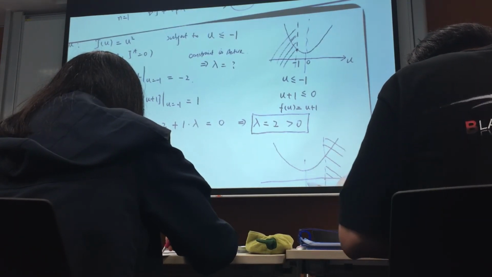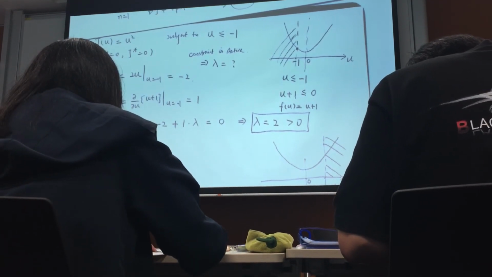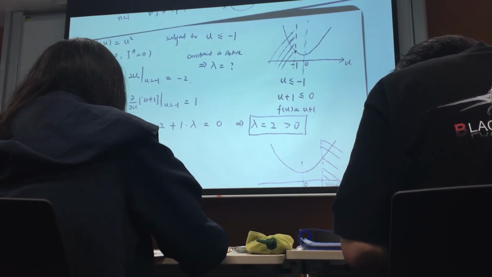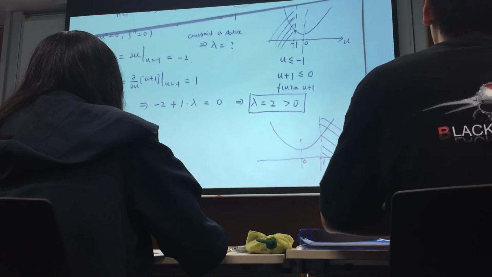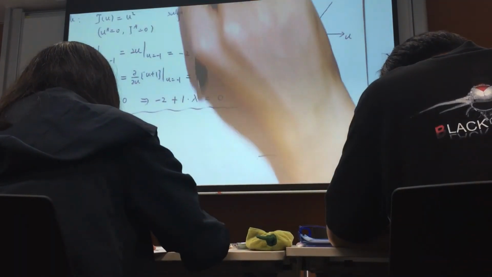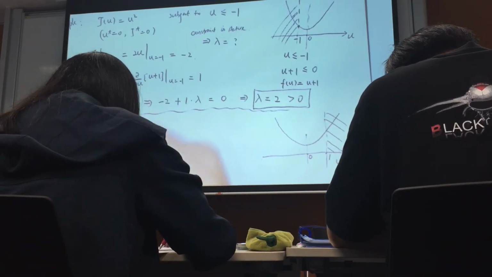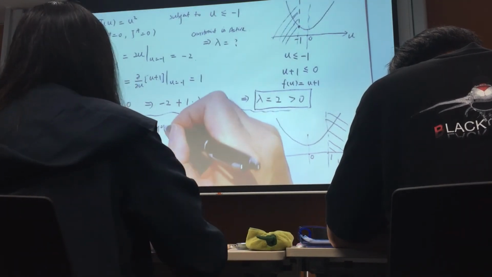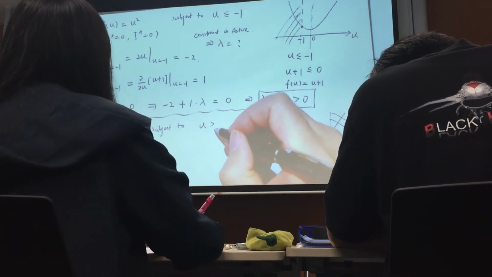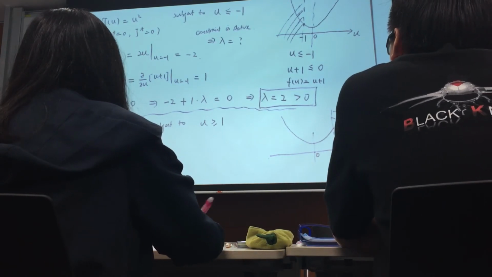We know the global minimizing point for this one will be 0. But now we have this u to be greater than or equal to 1. So to see what happens in this case.